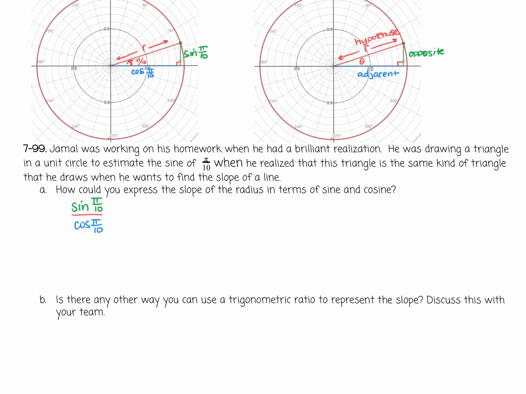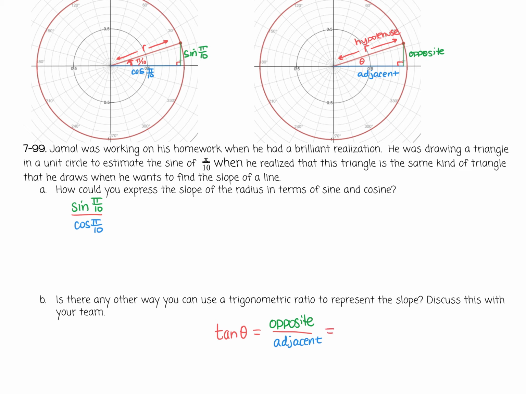So what I really want to think about here is that we could write that the tangent, and I'm just going to use theta, is just the opposite side over the adjacent side, which in our triangles, we know that the opposite side we're calling sine.